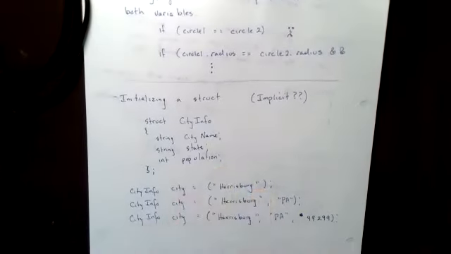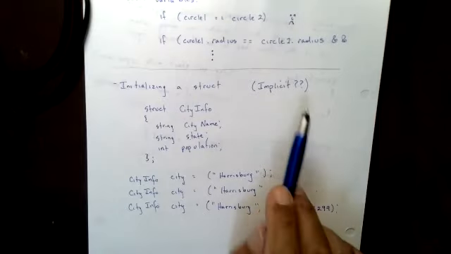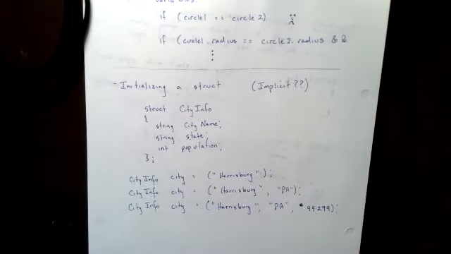When I create a struct and I want to fill some of the data, fill some of the members, I can fill them right away. I don't know if you want to call this implicitly, like we filled arrays implicitly, but it's the same kind of idea. The only thing is we have nice options.